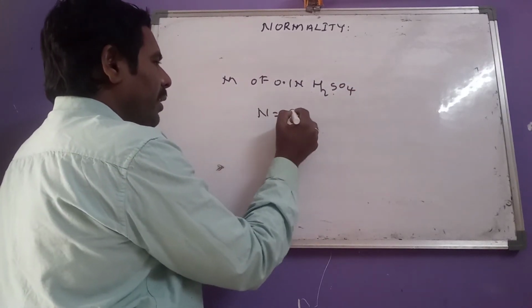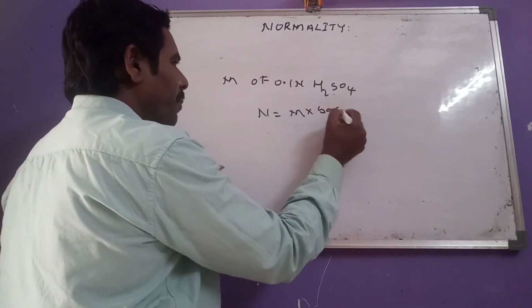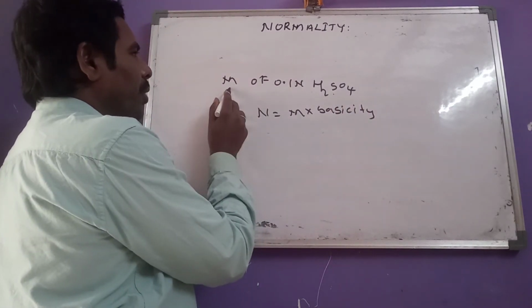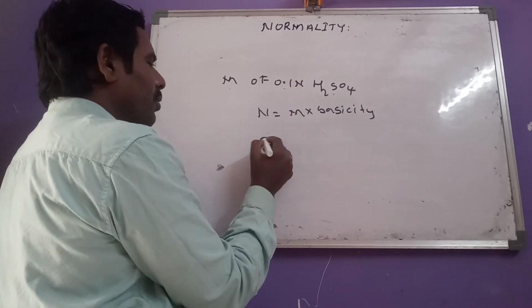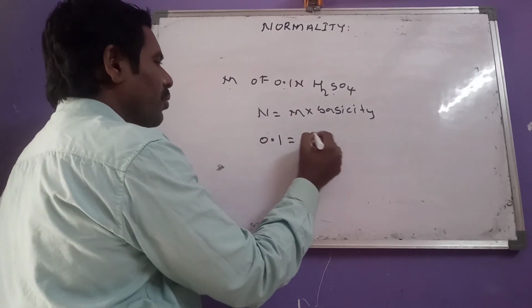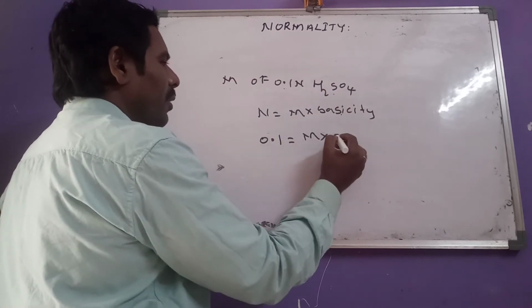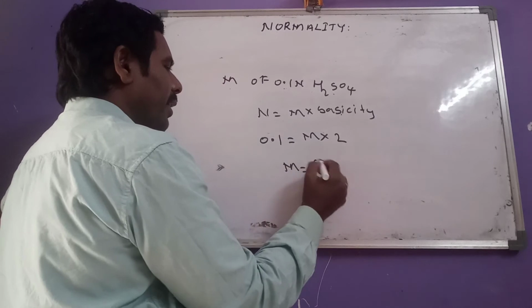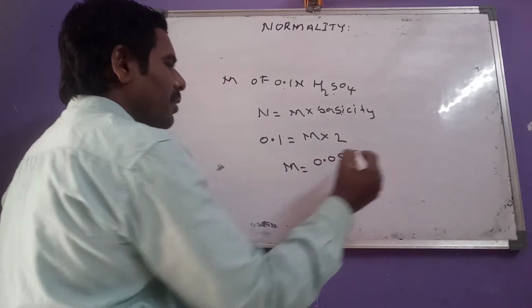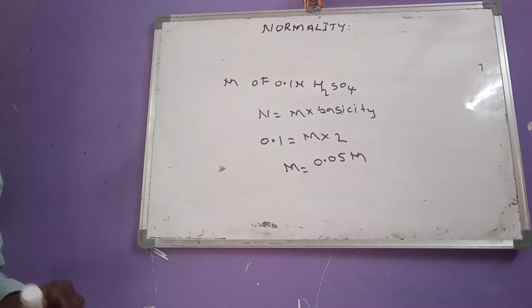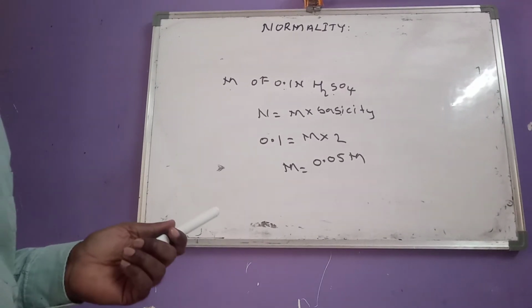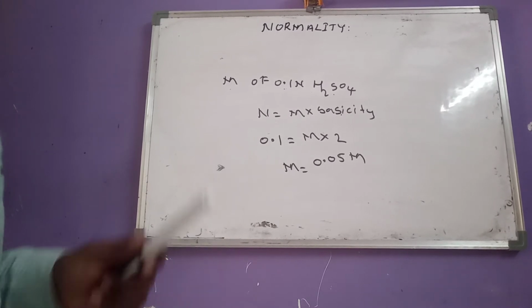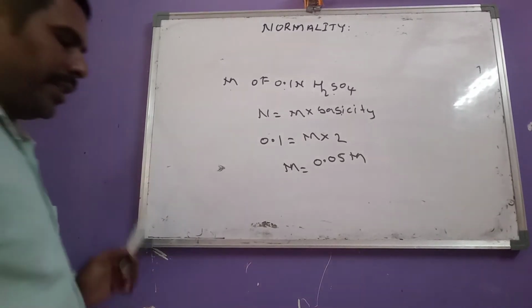Normality equals molarity into basicity, and we should calculate molarity. They have given normality. So 0.1 equals molarity into the basicity of H2SO4, which is 2. Therefore molarity is 0.05 M. Like this we have to calculate molarity using normality and also normality using molarity.